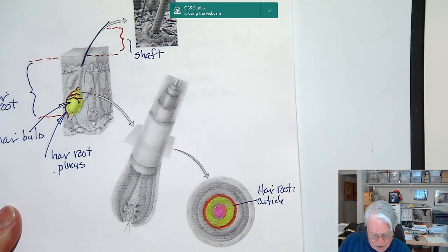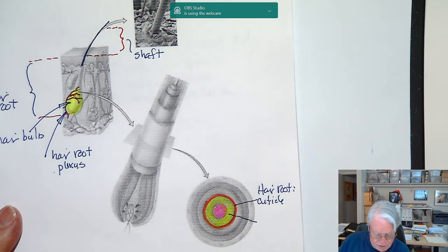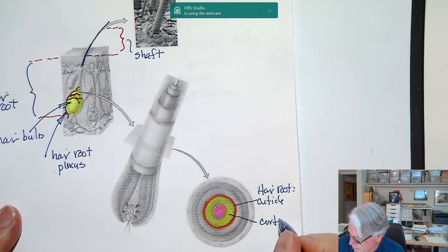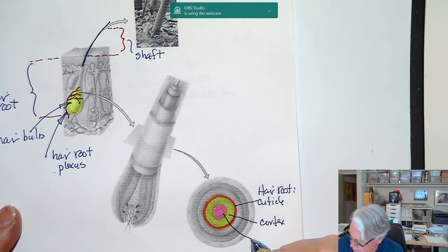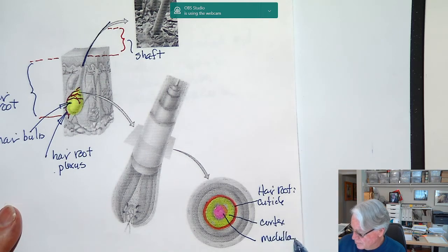Okay. We have the next layer in yellow, which is the cortex. And then here, the center part is the medulla. Okay.